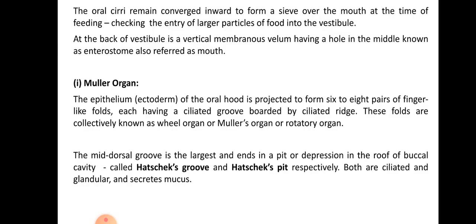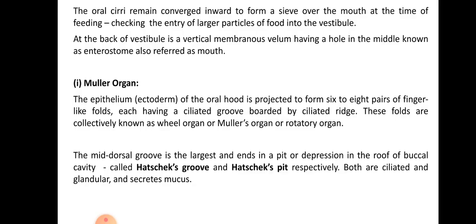In a similar fashion, this wheel organ also has some 6 to 8 pairs of finger-like folds which are formed by a ciliated groove, and they are bounded by a ciliated ridge. All these collectively form the wheel organ, also called the rotatory organ or Muller's organ.